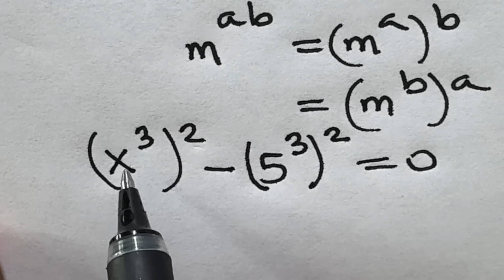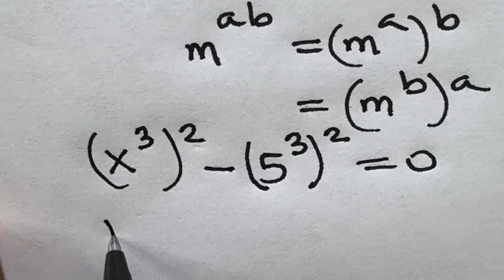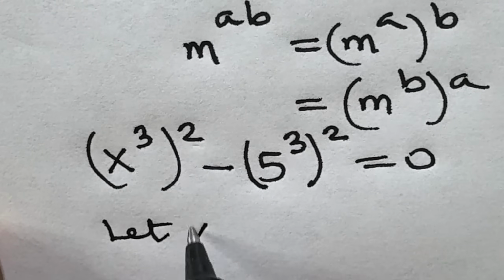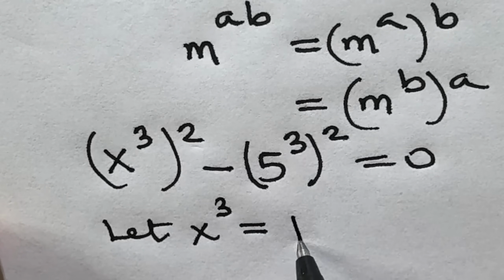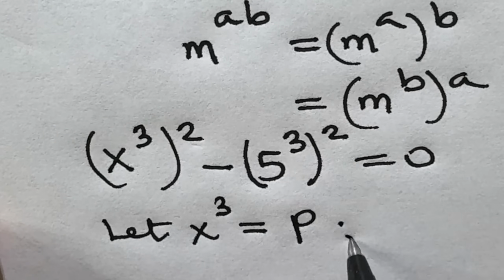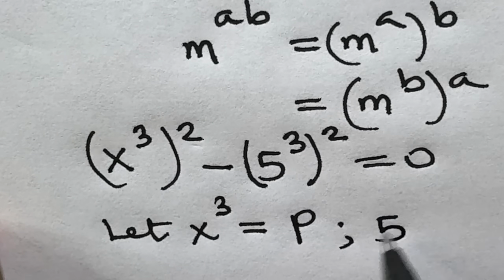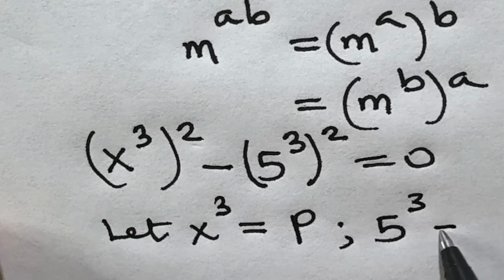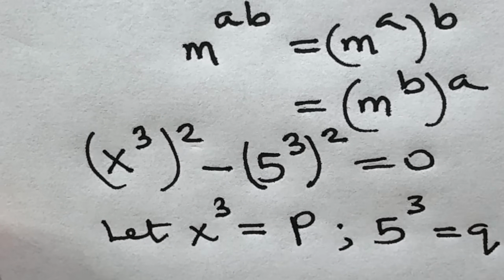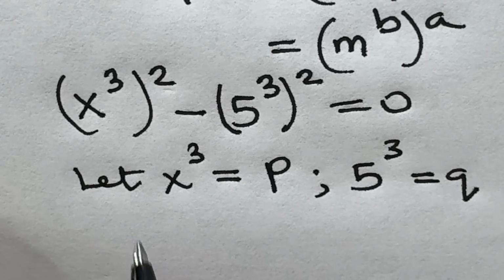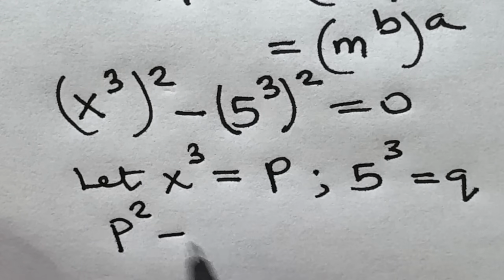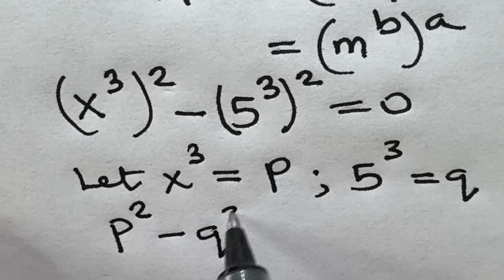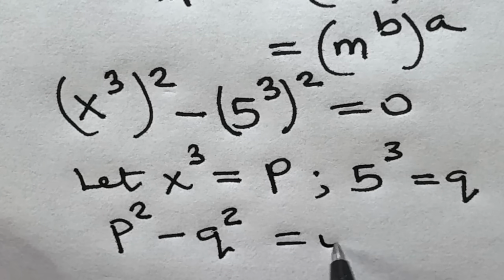If we let x raised to power 3 be a variable, say p, and we say let 5 raised to power 3 be represented by q, then we'll see p raised to power 2 minus q raised to power 2 is equal to 0.